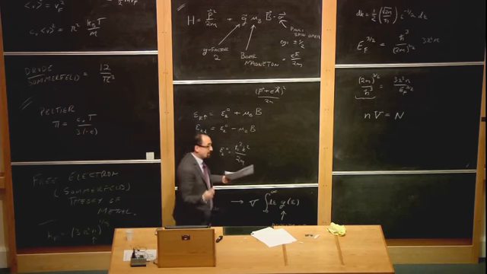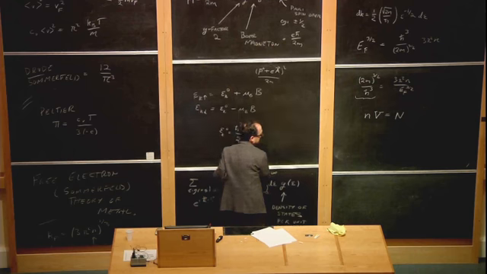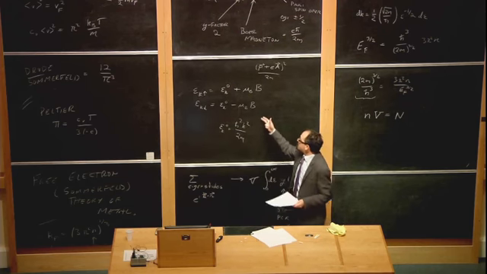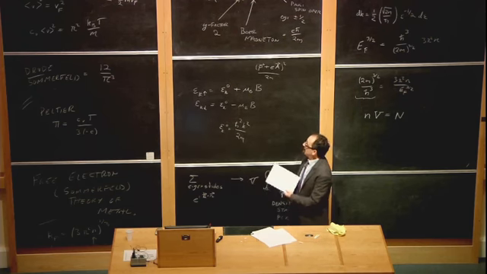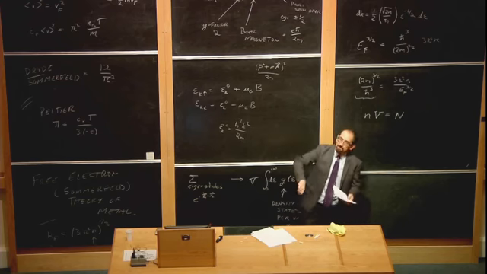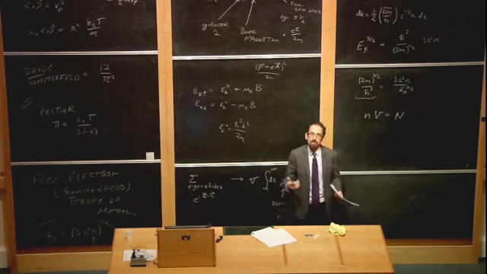So the idea is that when you apply a magnetic field, the upspin electrons become more expensive, the downspin electrons become less expensive, and so some of the upspin electrons are going to flip over to become downspin electrons because that would lower their energy.